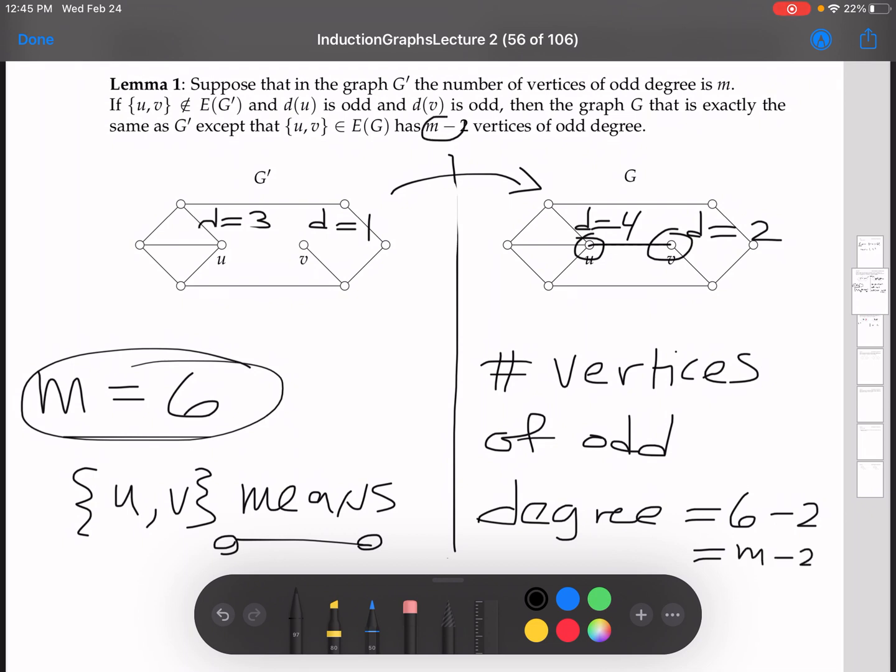So the m is something defined for G prime, not for G. So whatever m is for G prime, if you have this situation where you draw an edge between two odd degree vertices that don't have an edge between them already, then the number of vertices of odd degree in G goes down by 2.